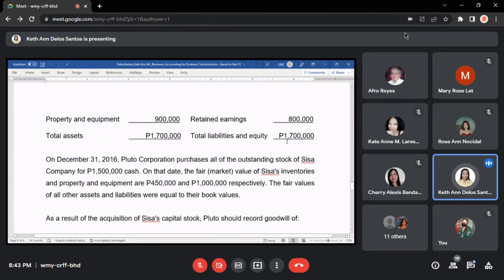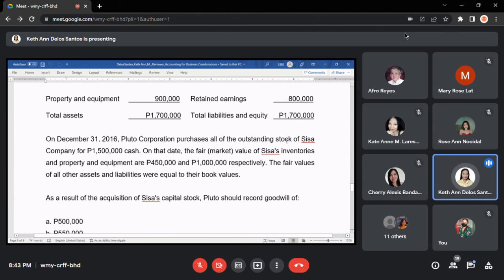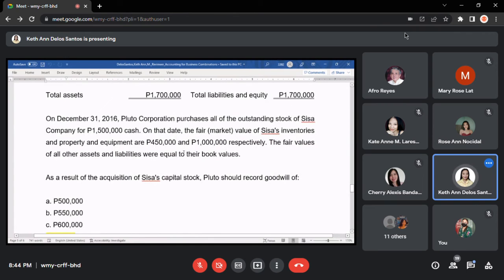On December 31, 2016, Pluto Corporation purchased all the outstanding stock of CISA Company for 1,500,000 cash. On the date, the fair market value of CISA's inventories and property and equipment are 450,000 and 1 million respectively.